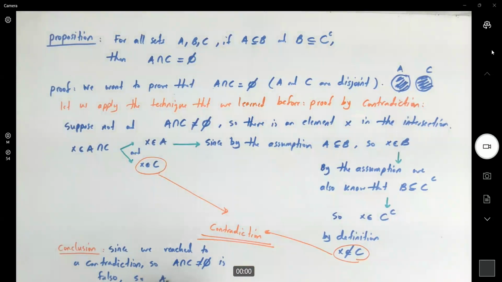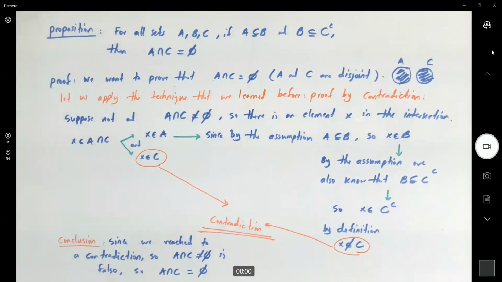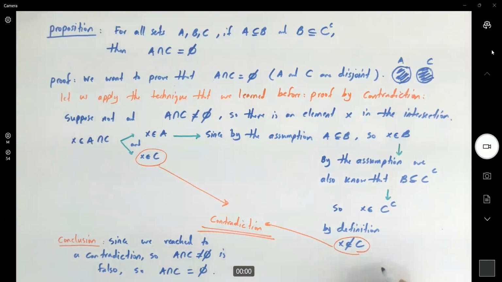So A intersection C must be empty. It doesn't have any other choice. And we're done with the proof.